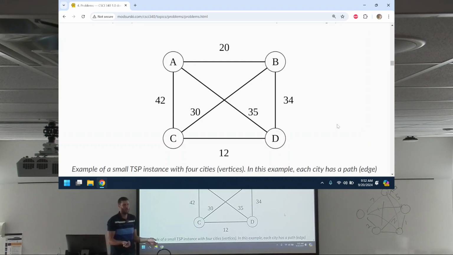All I have to do is find every possible route, every possible cycle, sum up the total distance, and then pick the cycle that has the smallest distance, right? So why is this a difficult problem?